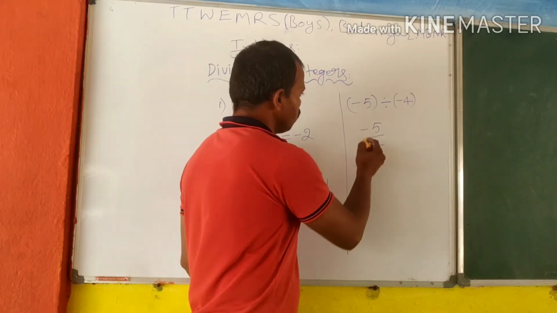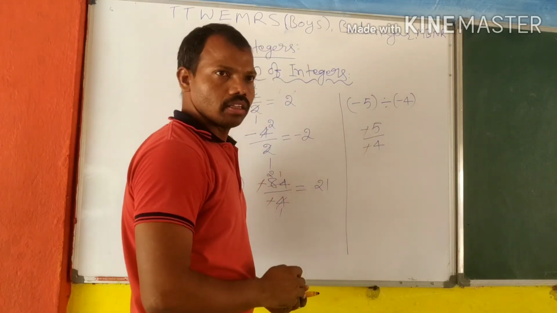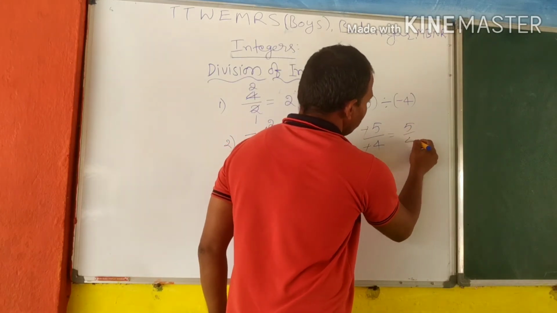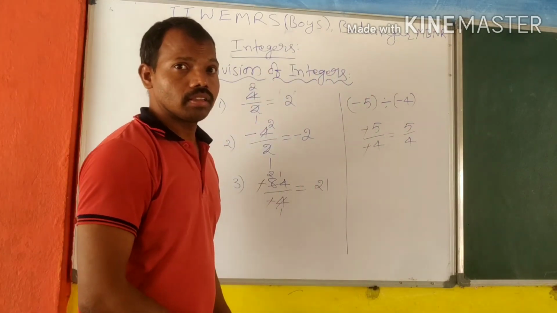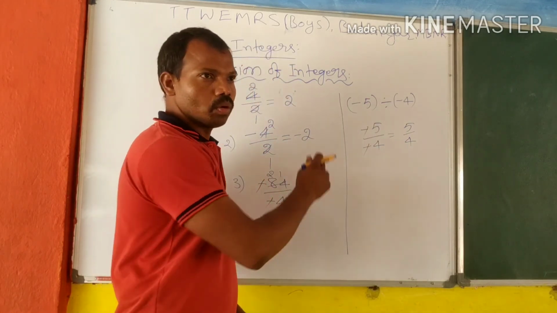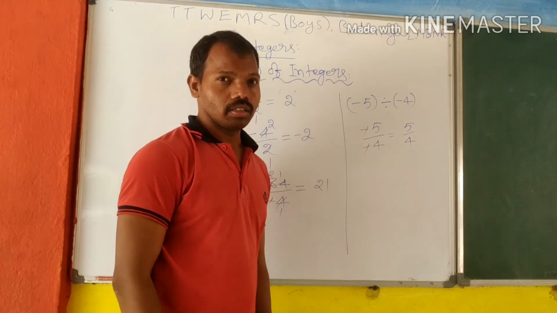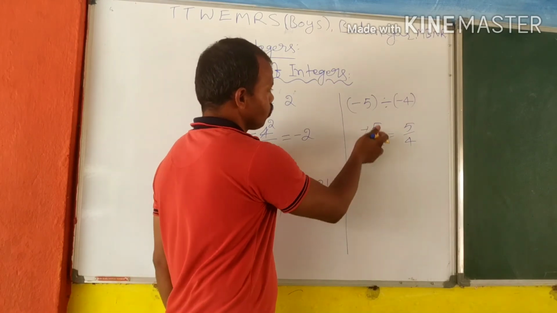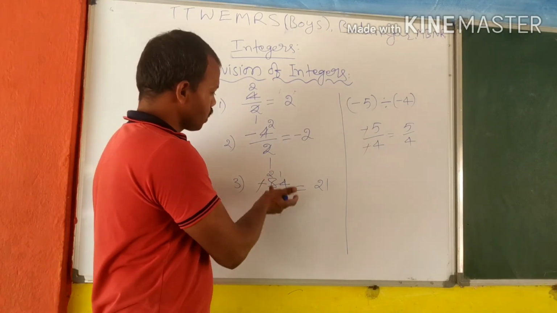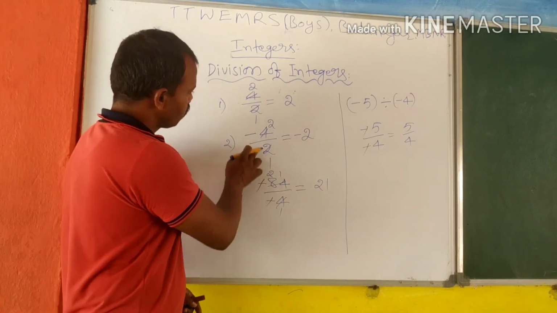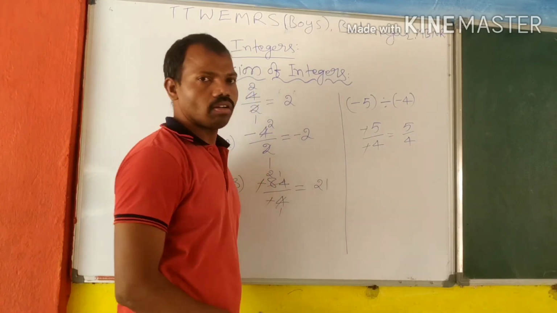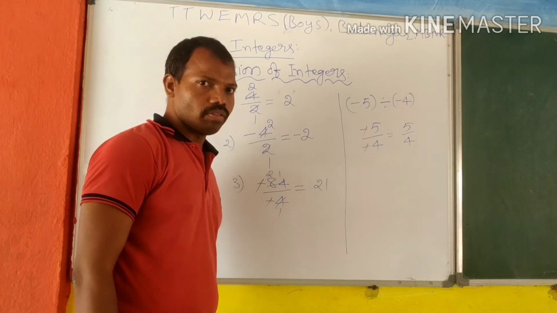Both will be cancelled. Then the result is 5 by 4 only. Why? In the 4 table we will not get 5. Both are co-primes here, so there is no common factor for 5 and 4. If there is a chance of cancellation like in the previous problems, you can do it, or else you keep it like that, or we can express it in decimal form also.